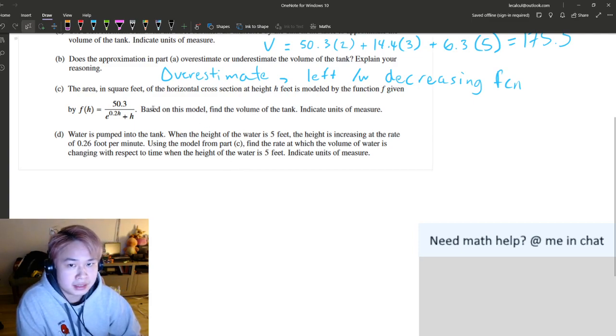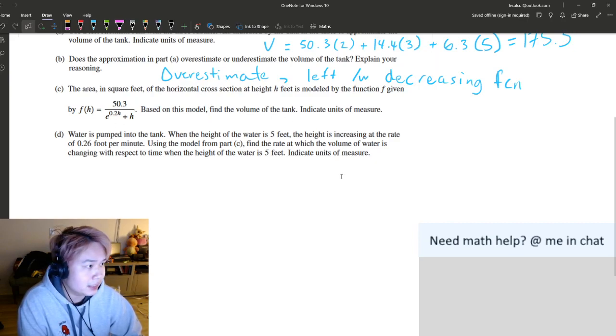Okay, and then let's see. The area of the horizontal cross section is given here, so now we know the function of the area. Based on this model, find the volume of the tank.